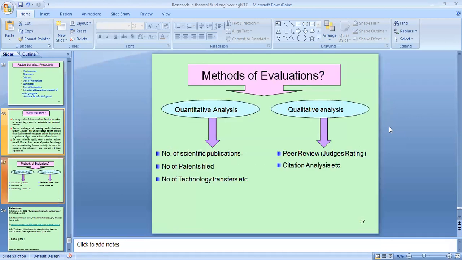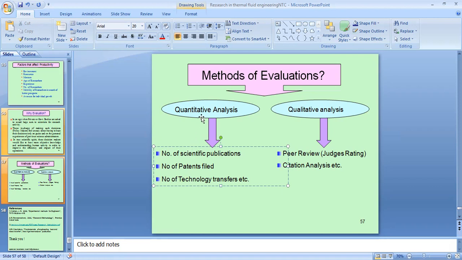So how do we measure the performance? We measure in two ways, quantitative analysis and qualitative analysis. In quantitative analysis, we see how many papers are published by a given scientist, the number of scientific publications.